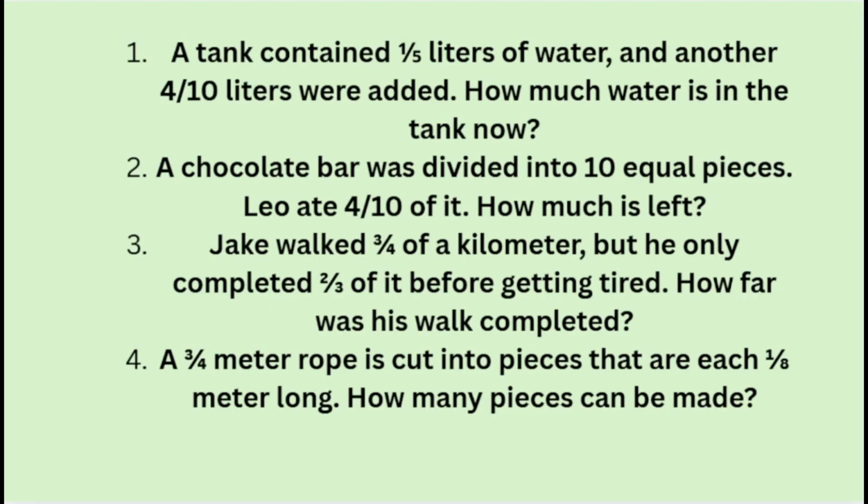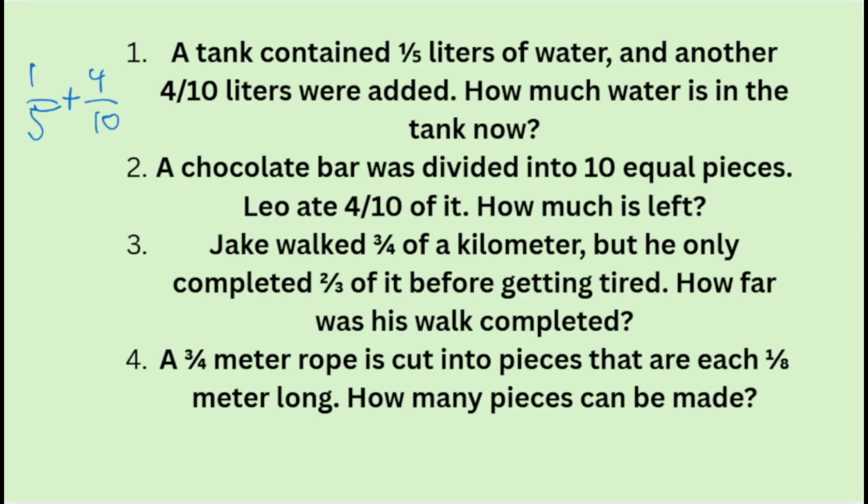Okay. First up is a tank. Okay, we know it's 1/5, and another 4/10 liters. How much water is in the tank now? Okay, guys. We know the tank originally had 1/5, right? And they added 4/10.